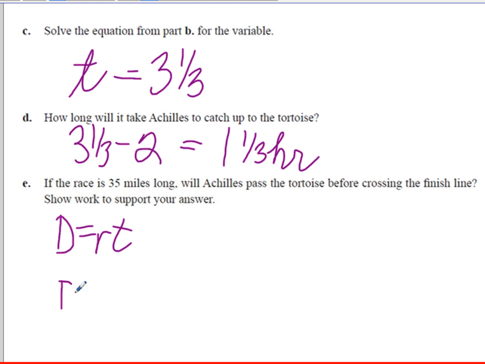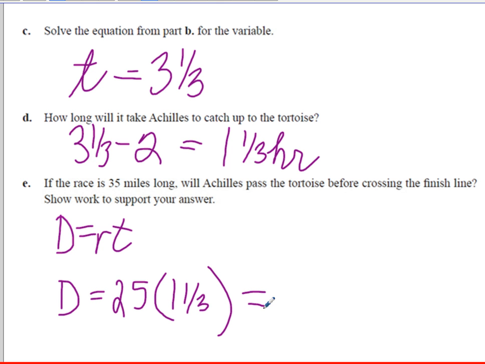So the distance that Achilles ran equals his rate of 25 miles per hour times the time of 1 1/3 hours. So that tells us that the distance that he has run is 33 1/3 miles.